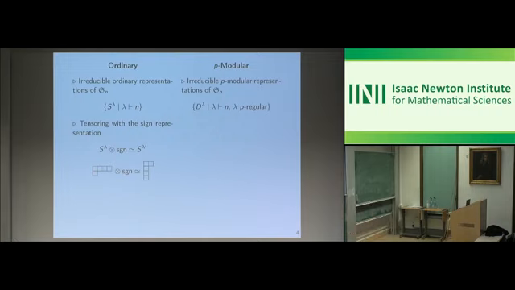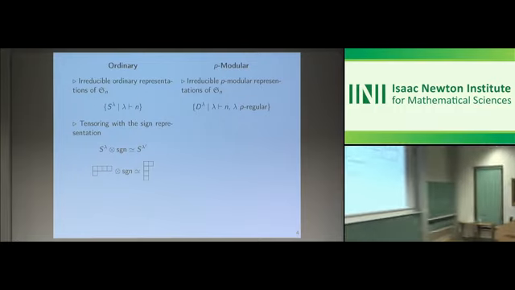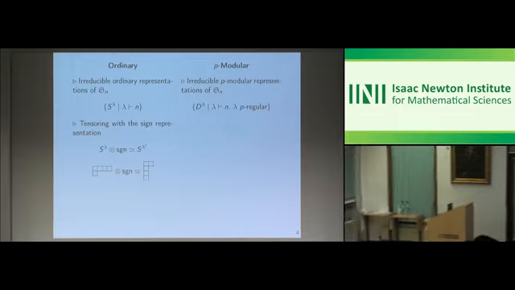For example, the trivial representation, D lambda 0, is still labeled by the partition n. But the sign representation, which is still irreducible, so there exists a partition which labels it. And what is this partition?